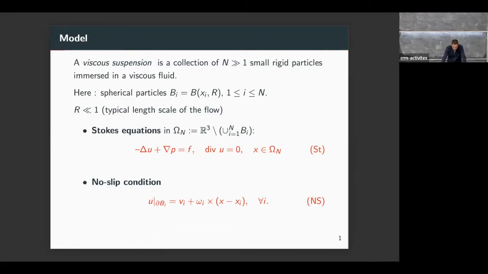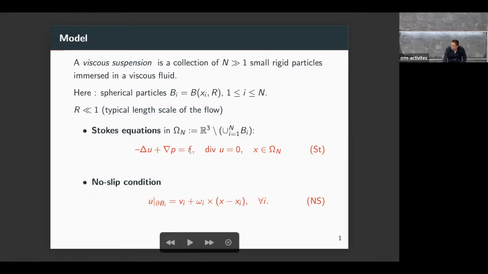Okay, so what is a possible model to describe this? Regarding the fluid part, we will make an assumption which is very common in this kind of context. We neglect the inertia. So we are left with the Stokes equation outside the balls, in this domain omega n.